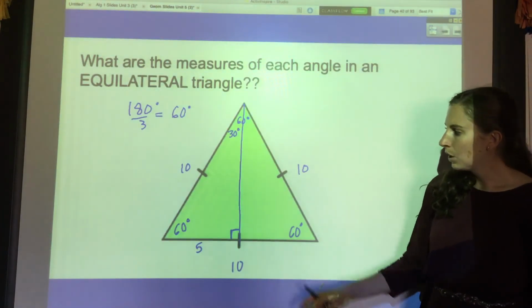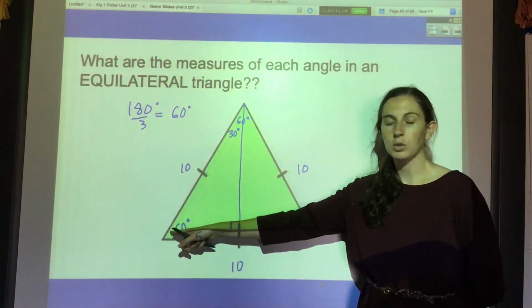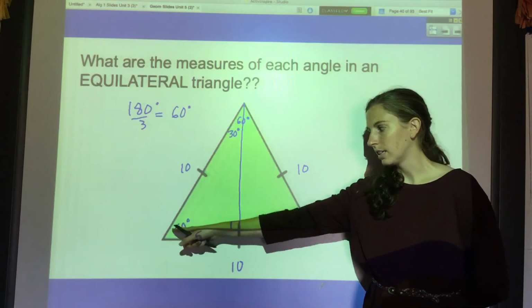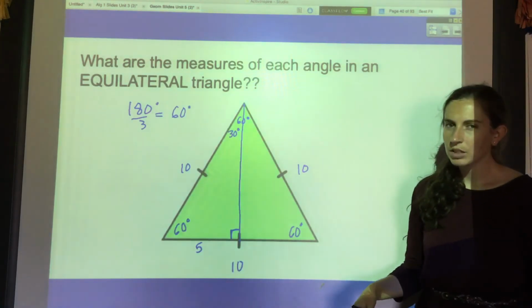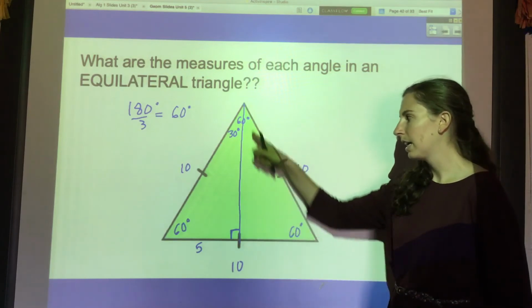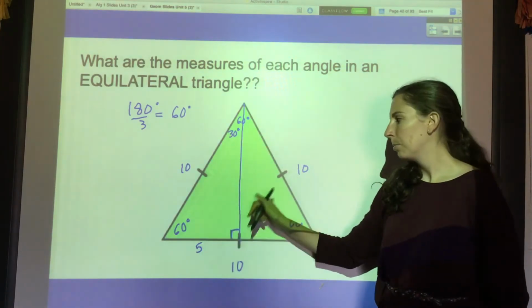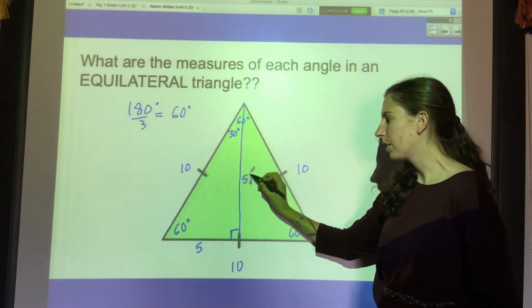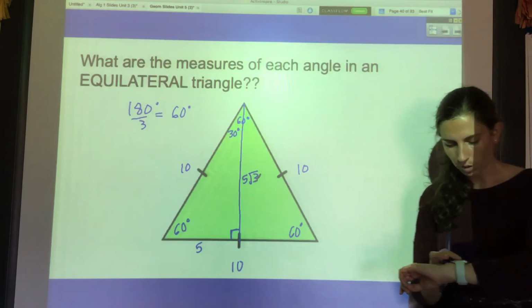Basically, whatever this is, that length is going to be double it. Or whatever this is, that length is going to be half of it. And then we're actually not going to get into this, but this right here is actually the short leg multiplied by the square root of 3. And if you want to prove that, you can, but we're not going to get into it.